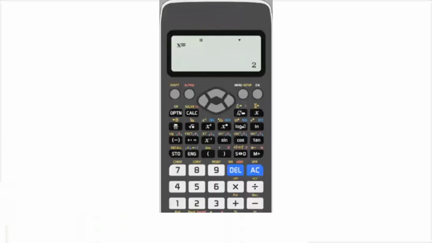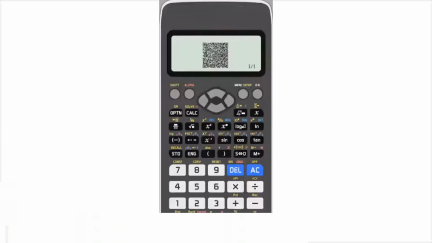Now, before going out of this menu or pressing equals to again, you have to press shift and option. When you press shift and option, you get a QR code. All smartphones usually have the QR code option. Using this smartphone, you will scan the QR code. I'm doing that for you.